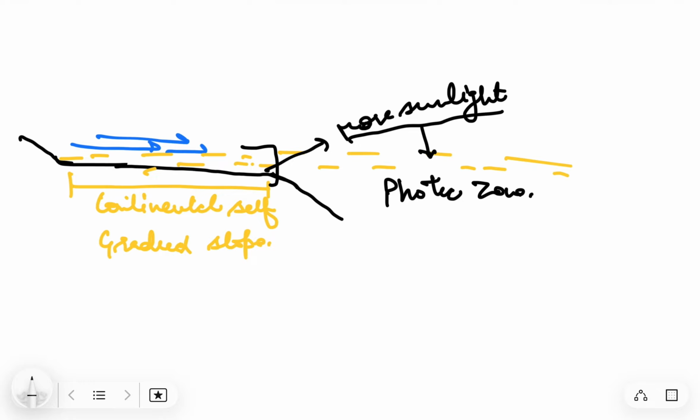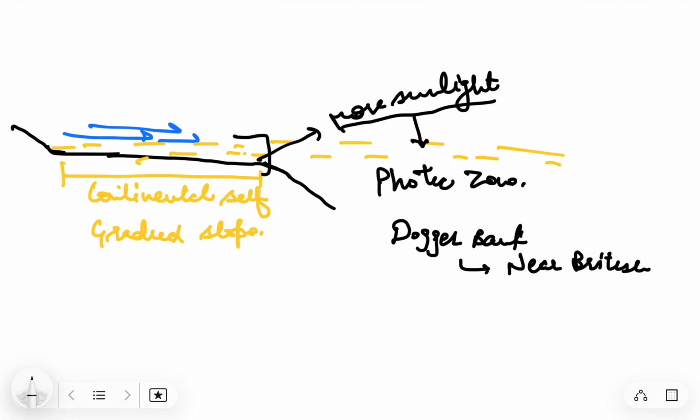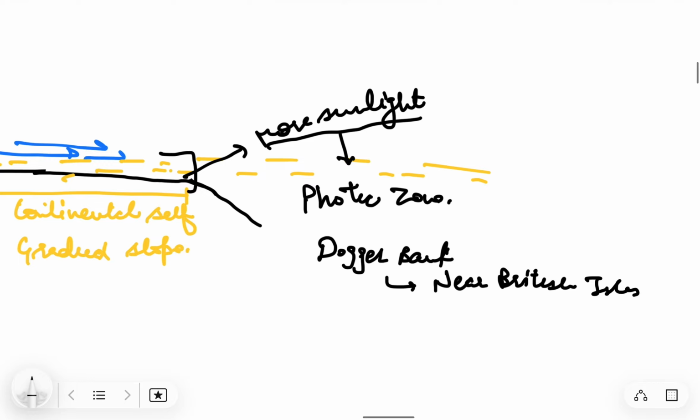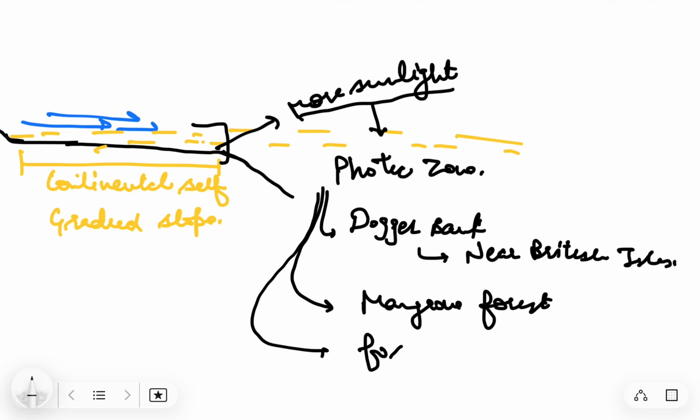The area which receives the maximum sunlight is known as the photic zone. So it will be good for fishing. And the Dogger Bank near the British Isles is also there, and mangrove forests, also fossil fuels.